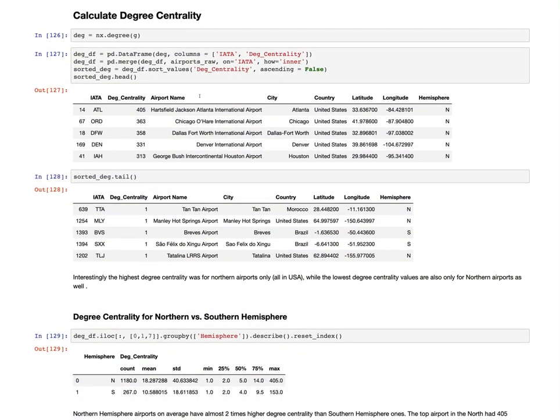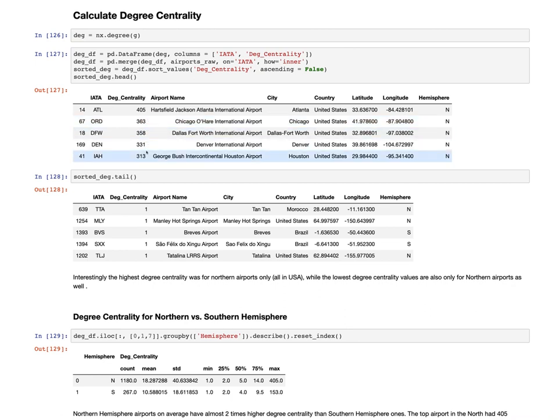We just looked at the top five and the last five for each centrality measure. For degrees, we had our top five with the maximum degree centrality at 405. But that was significantly more than the next few.